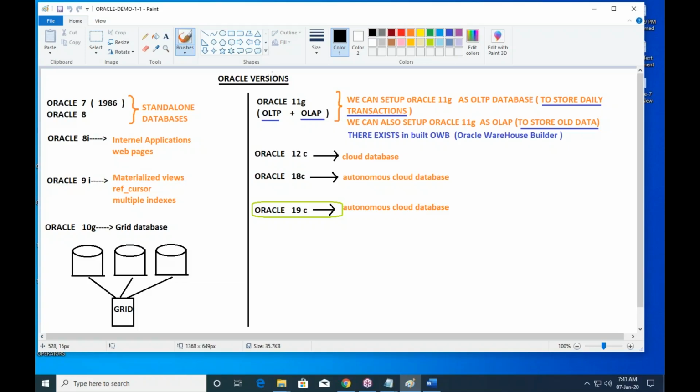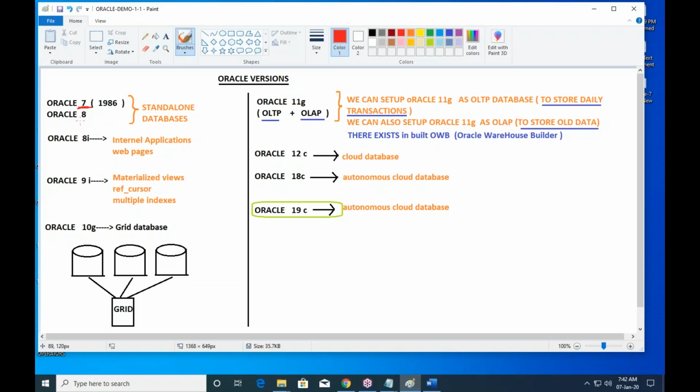Why? They were unable to fulfill the business requirements. So in 1986, they released Oracle 7. This is the first commercially successful database in the world.